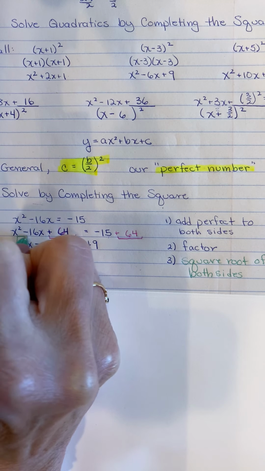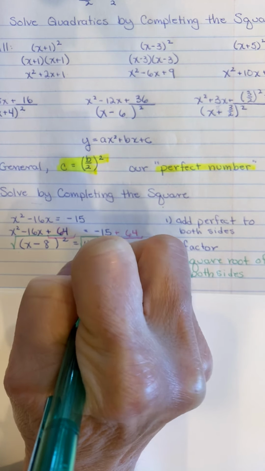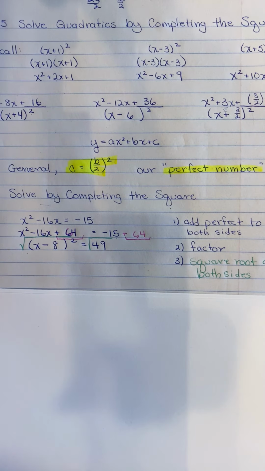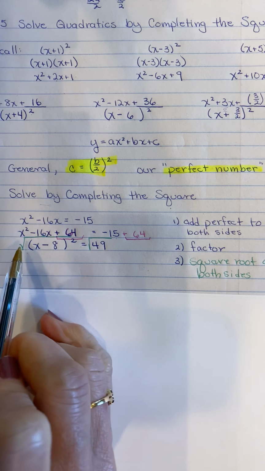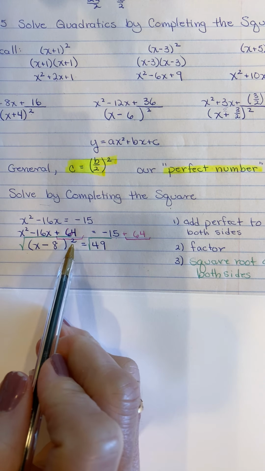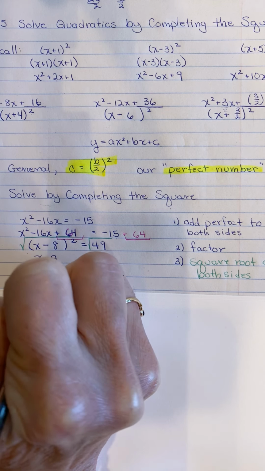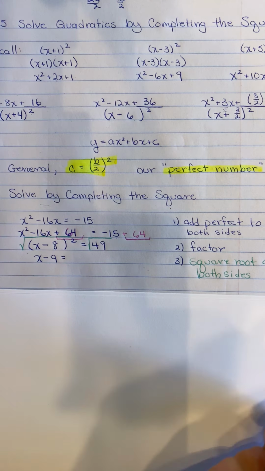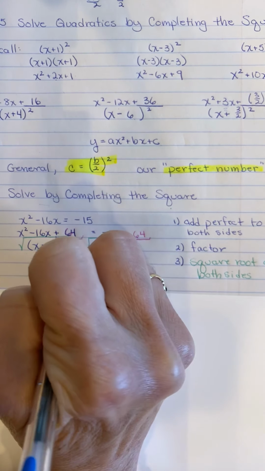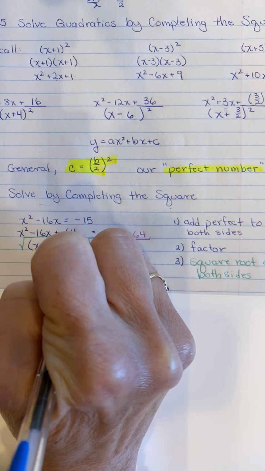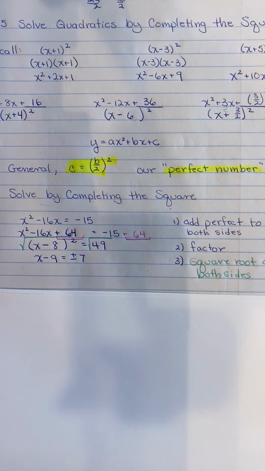If we square root the left, square root the right, our equations are still equal. The square root of a square, they cancel each other out, so we get x minus 8. The square root of 49 is plus or minus 7.